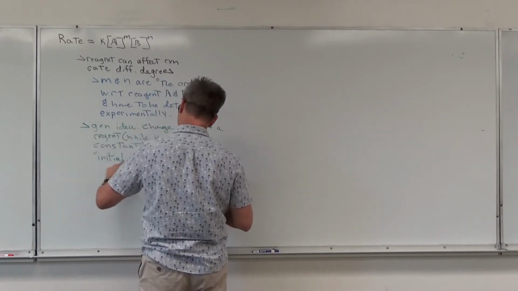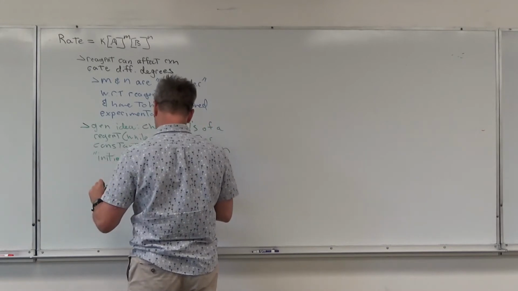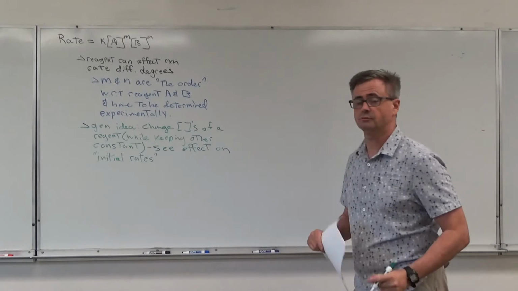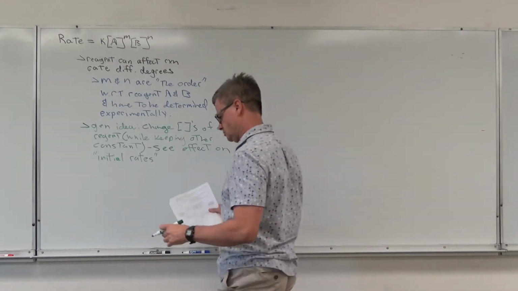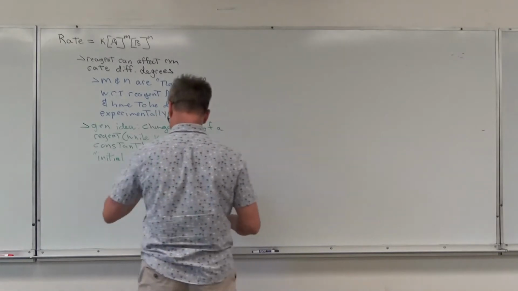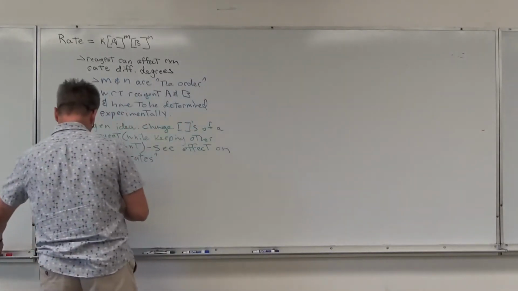Again, I haven't explained why we're calling it initial rates, but I will in a minute. That's the rate right after the reaction starts. So commence the reaction, then we check the rate somehow quickly, and I'll explain why. Why do we need to do it quickly?